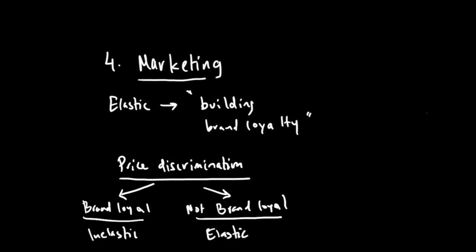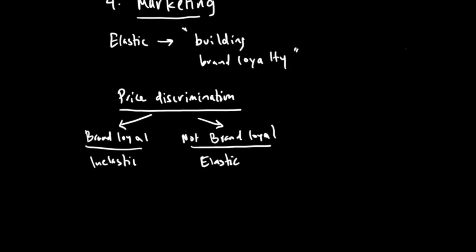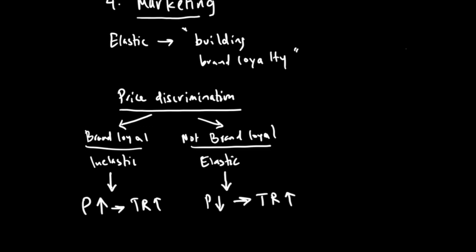So what I could do is that for the brand loyal consumers, because they have an inelastic demand, I can increase the price and therefore I can increase the total revenue. Similarly, for the non-brand loyal who have elastic demand, I can reduce the price and that can make my total revenue go up. So I could have a different pricing policy in the market where there's higher brand loyalty versus lower brand loyalty.